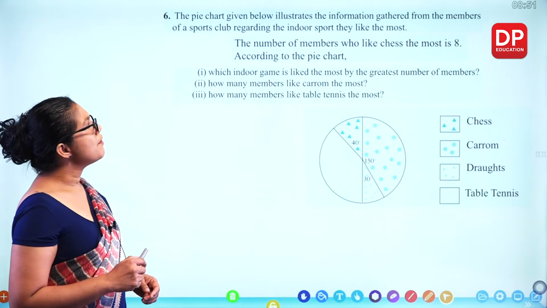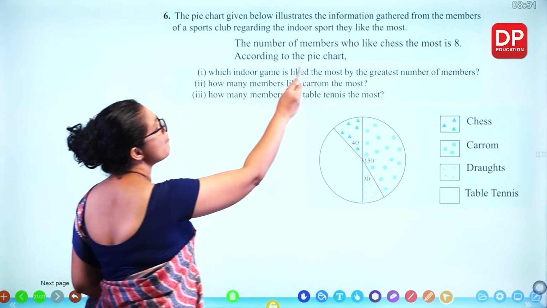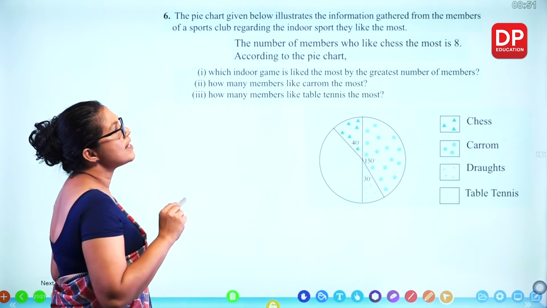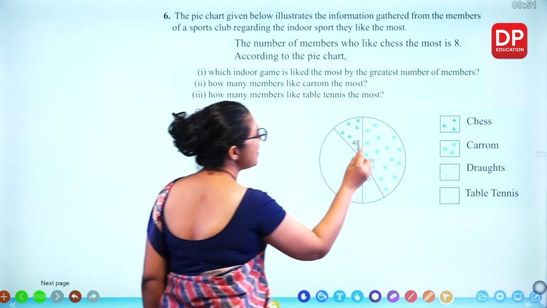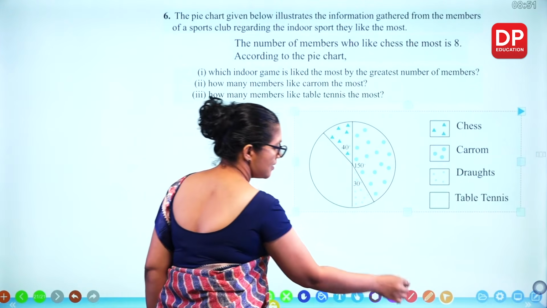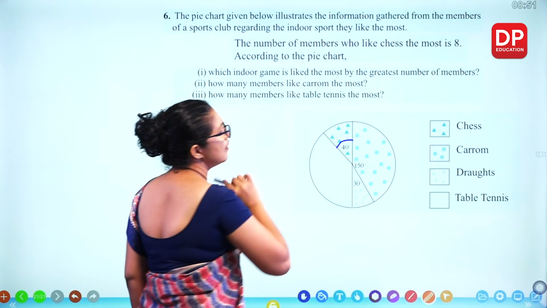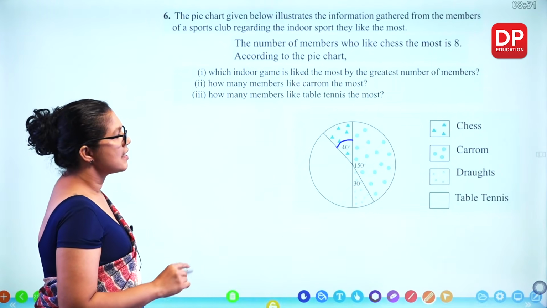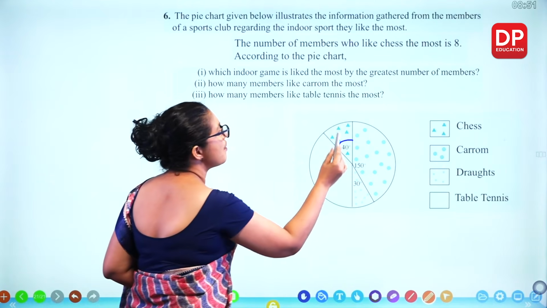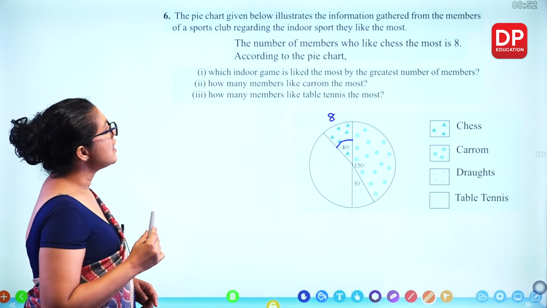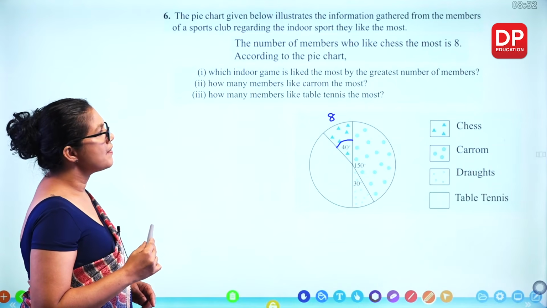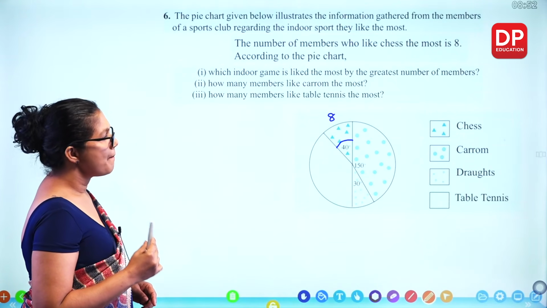So what's the given information here? It says the number of members who like chess the most is 8. That means chess is this part, this is the angle for chess. So this represents 8 members.